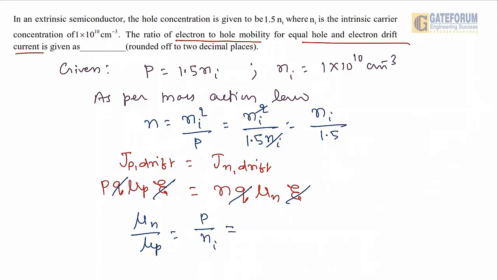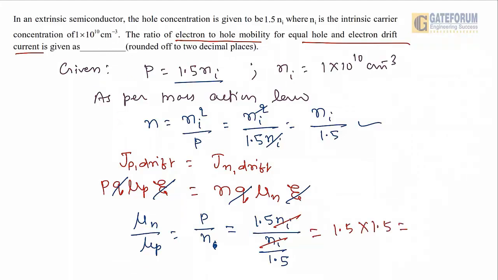So what is the p concentration? The p concentration is 1.5 ni, and this is n here, not ni. So p by n: the p concentration is 1.5 ni, and the n concentration is ni divided by 1.5. From here, ni gets cancelled, and we get 1.5 into 1.5, which is equal to 2.25.